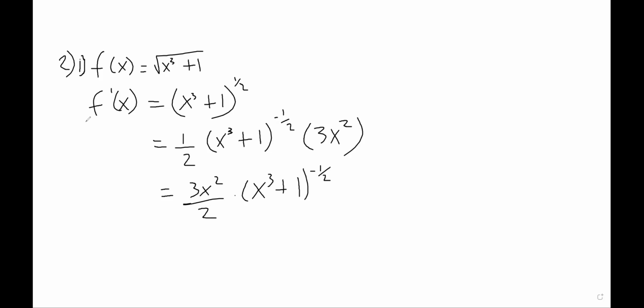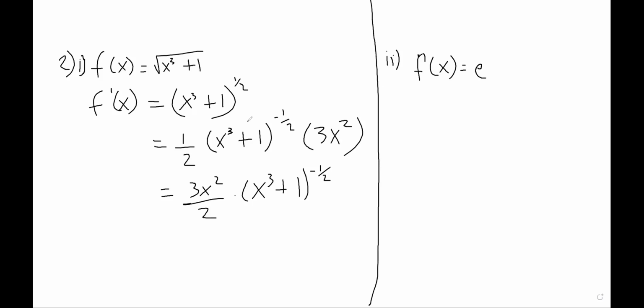Part 1 of question 2 completed. And part 2 asks us to find the differentiation of f of x is equal to e raised to the power of 7x times ln bracket 4 minus 5x.